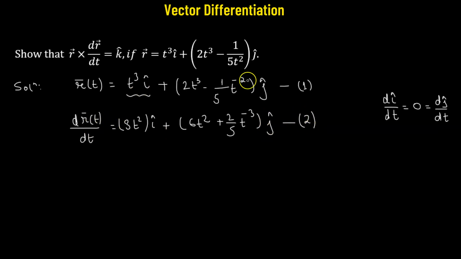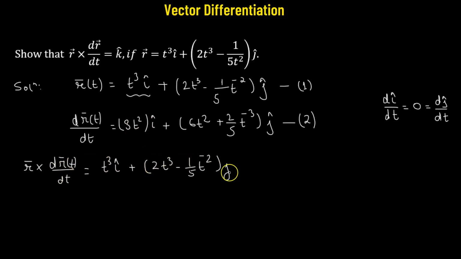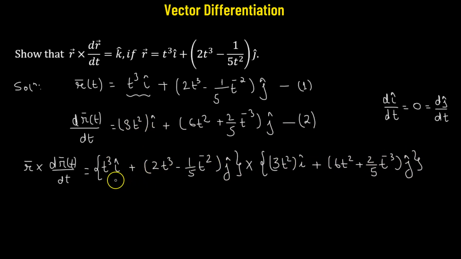Now what we'll do, we'll take the cross product between the vectors given in 1 and 2. That means we have our vector crossed with its derivative with respect to t. So let's write it down. Now we will take t cubed i cap and distribute it with this vector.